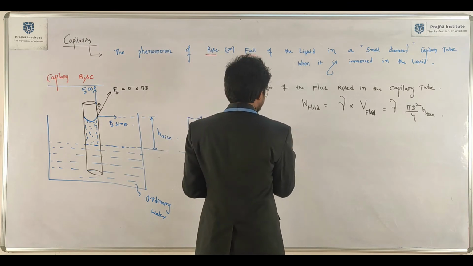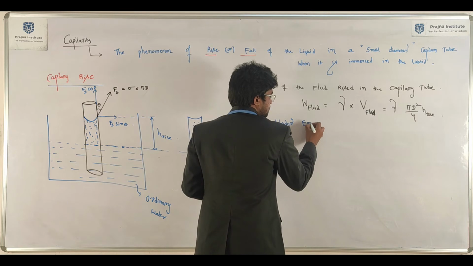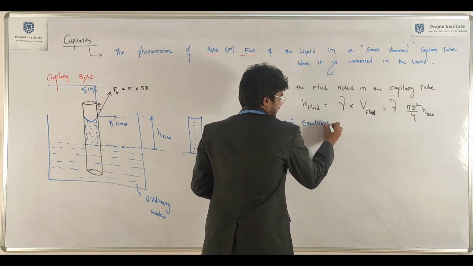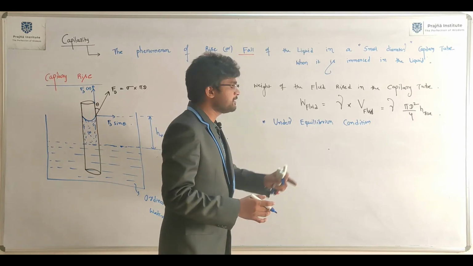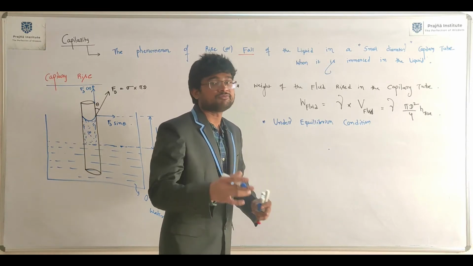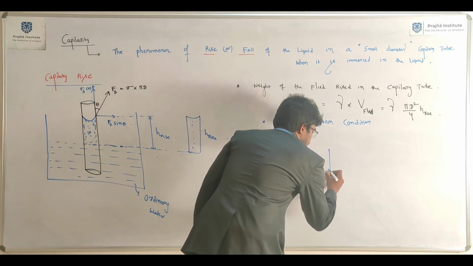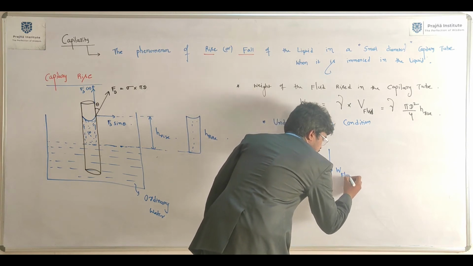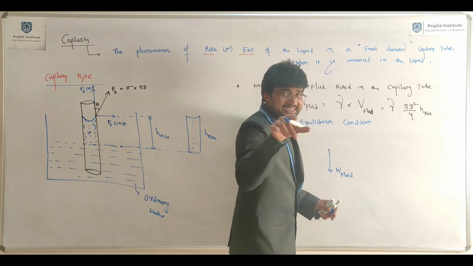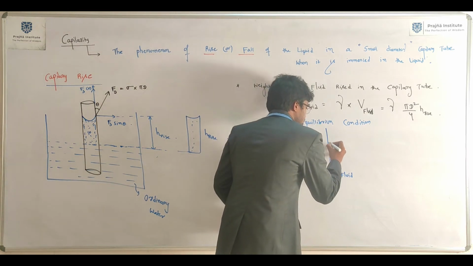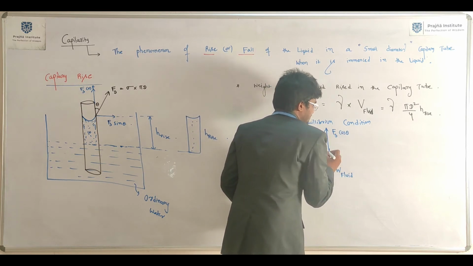Now, under equilibrium condition, we need to draw the free body diagram at this point. The weight of the fluid raised inside the capillary tube is acting vertically downward. Fs cos theta is acting vertically upward.